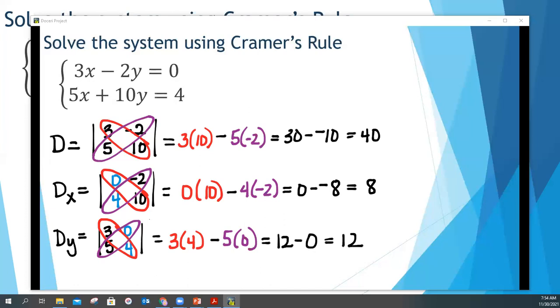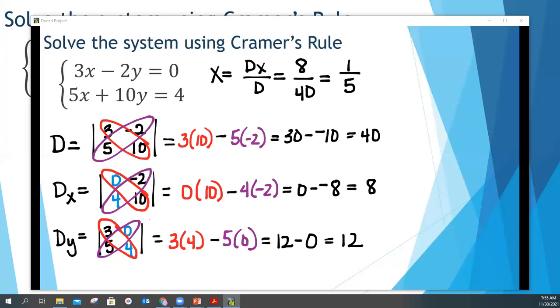So my solutions, x is going to equal dx divided by d, which would be 8 divided by 40, which I do expect you to reduce. So 1/5 would be the best answer.